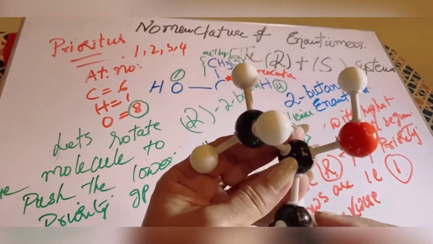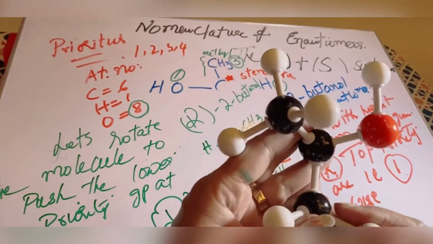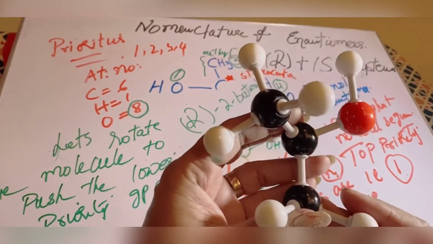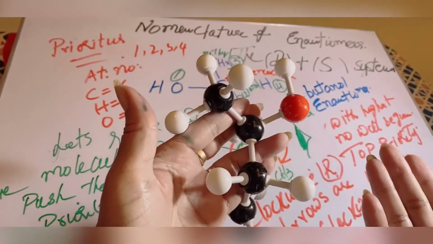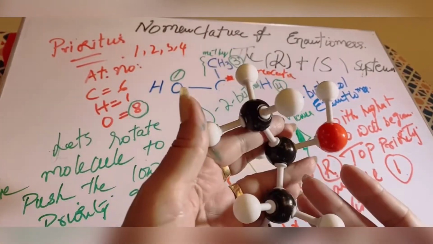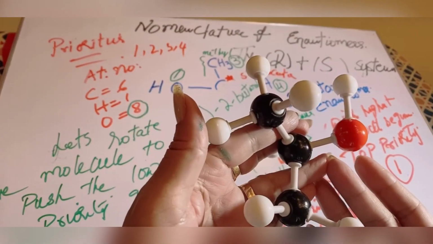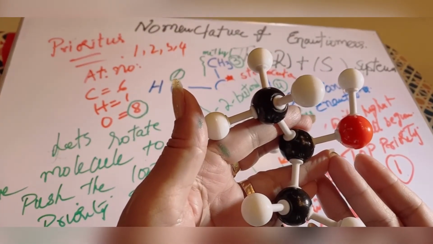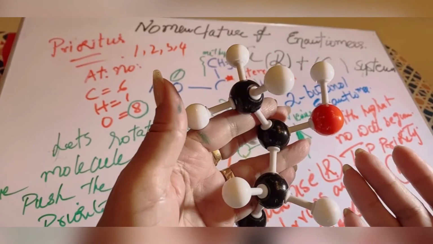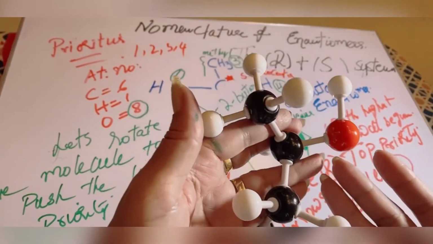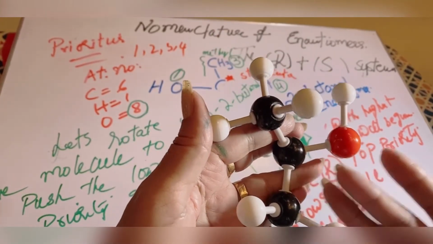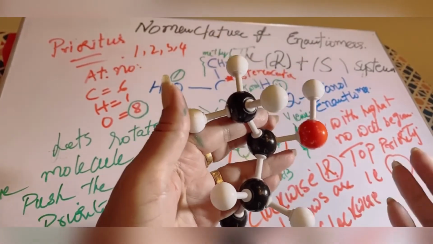This was the system that permits us to make R or S designations to any of the compounds that contain single bonds. Whereas for compounds that contain multiple bonds, other rules are necessary, so we will study that afterwards.